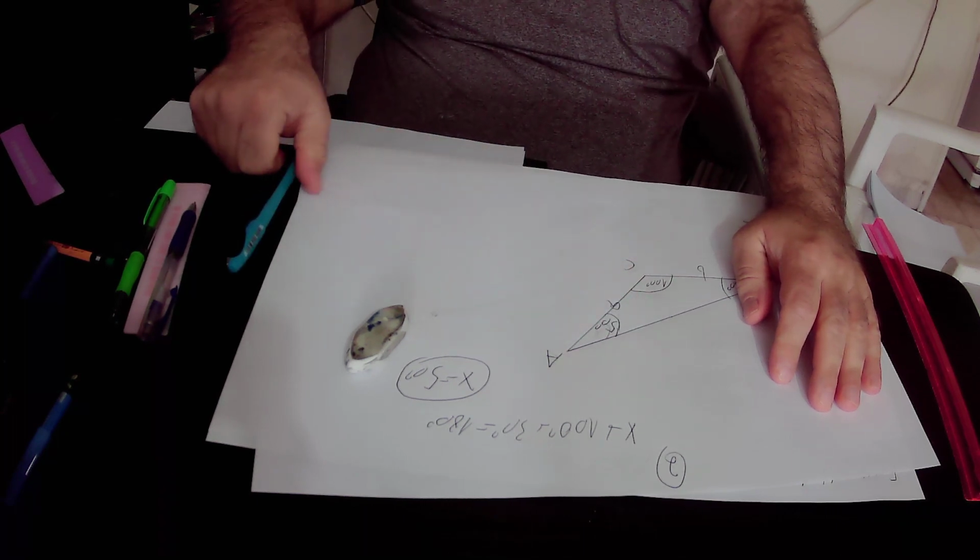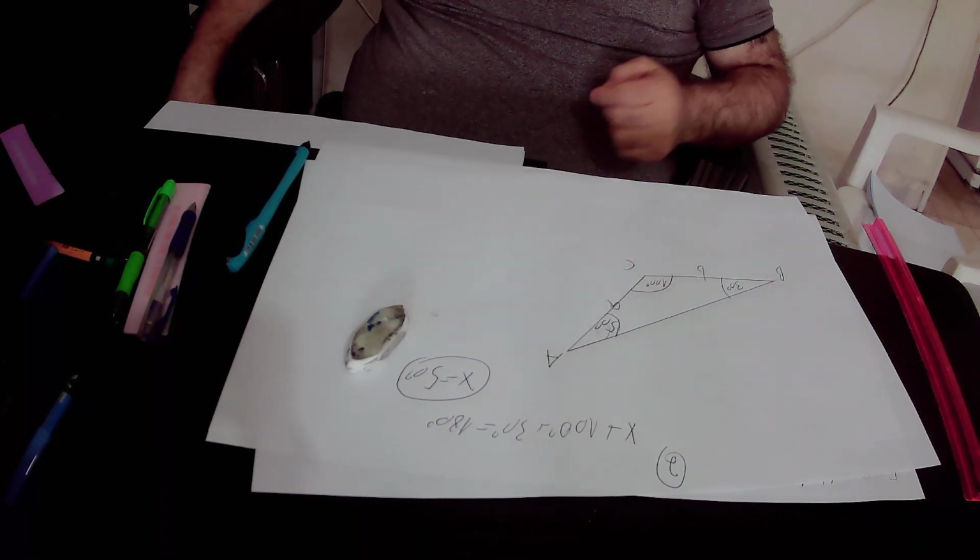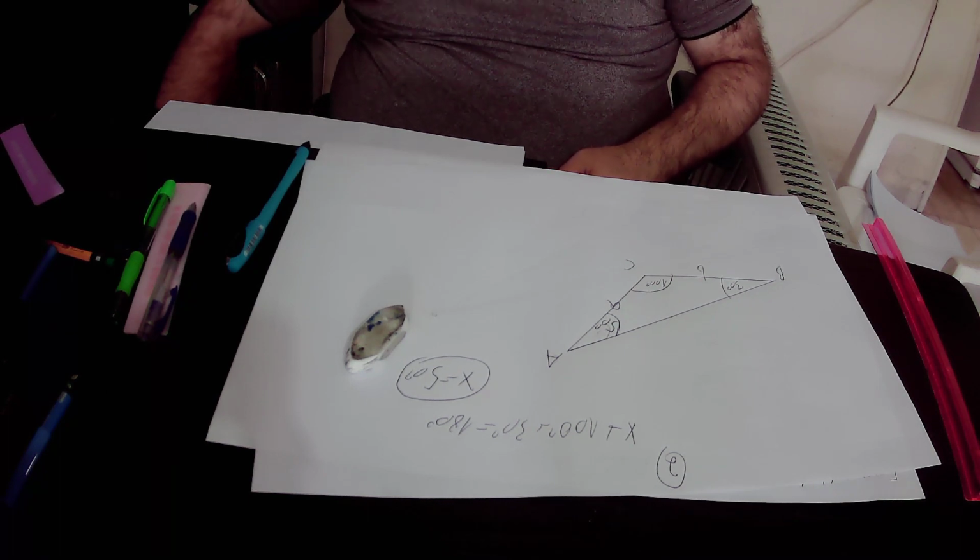Now we can implement the law of sines in this triangle ABC.